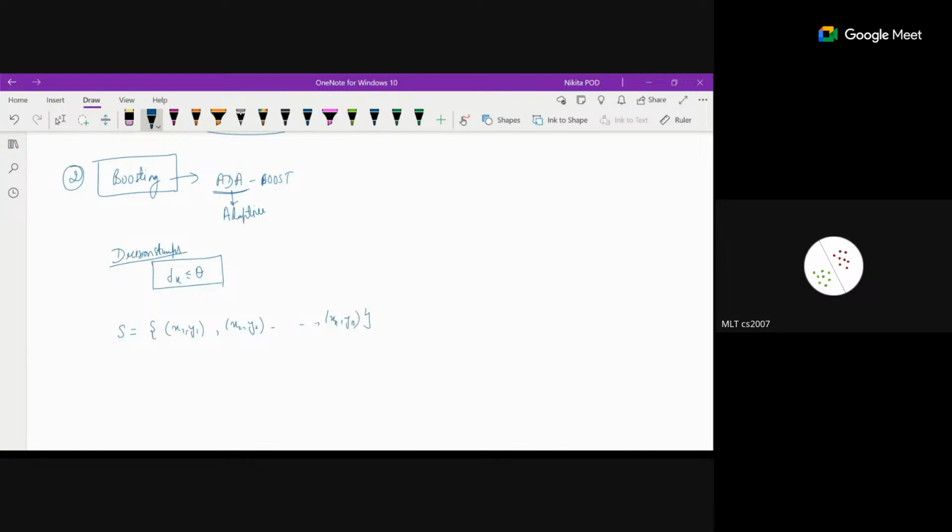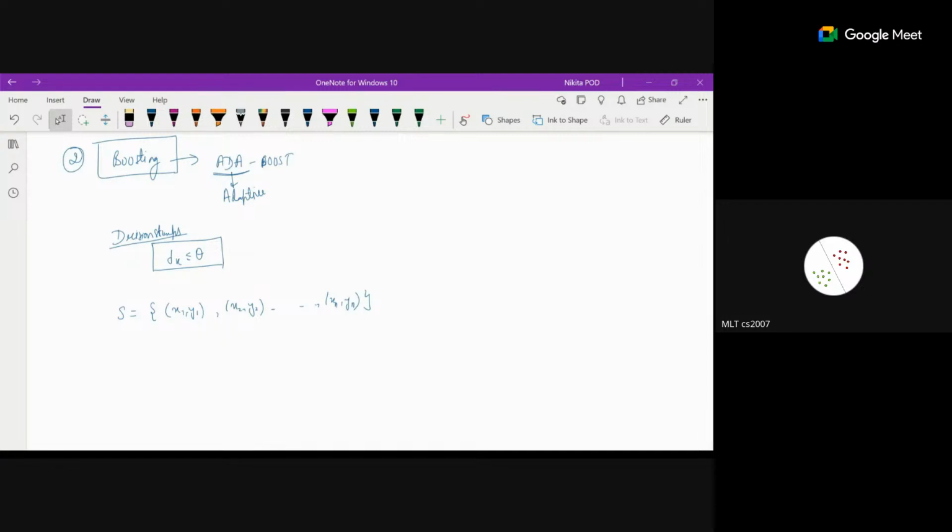Since it is an iterative technique, we will initialize D0(i), where 0 is for the zeroth iteration and D is for the distribution. We are initializing the distribution for each data point uniformly as 1 by n. So what does it mean?